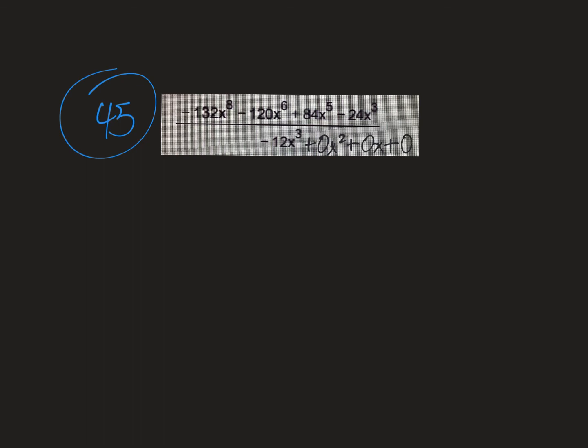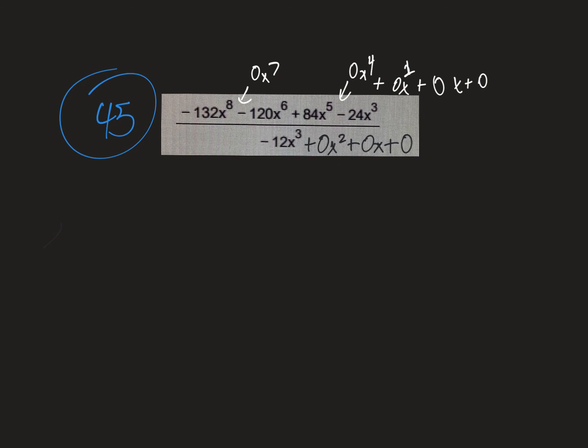Like we've got to fill in all of those missing spots. Not to mention the top piece also has missing terms. We've got 0x to the 7th, then we've got 0x to the 4th, and 0x squared, 0x, and then of course 0. So I mean, we've got a ton of missing terms here.